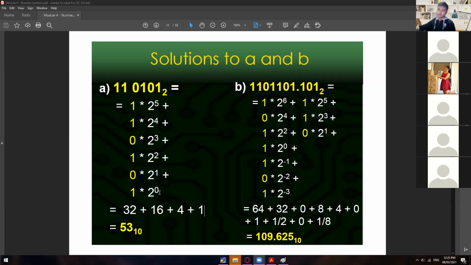I hope that you guys have your calculator with you so that you can recheck whether this one is really 53 base 10. So is our letter A correct?